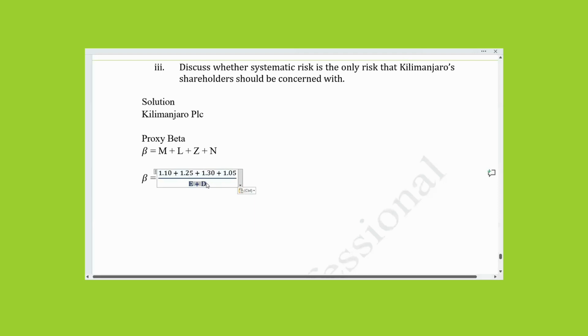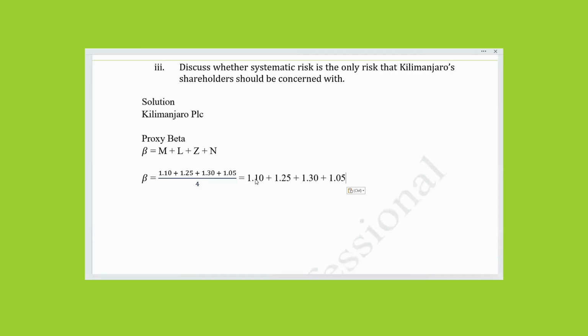Divided by 4. There are 4 freezer companies, and the total is what? 1.175. That's the average beta. All right.